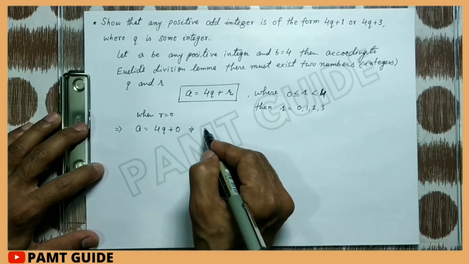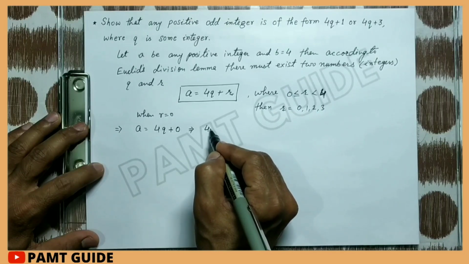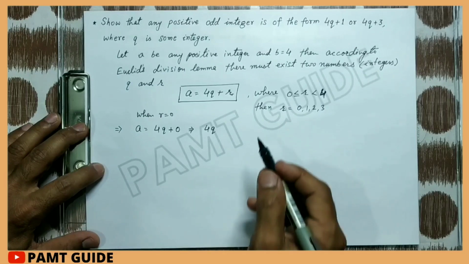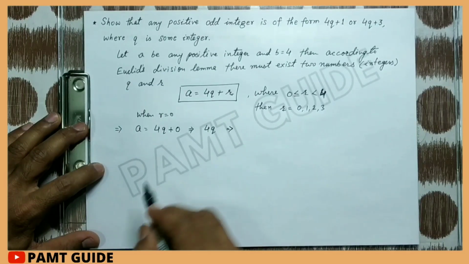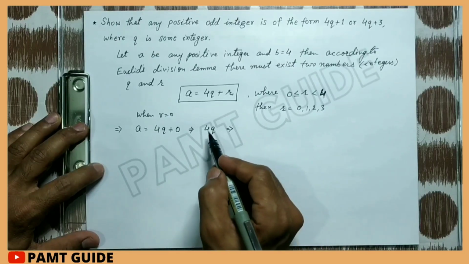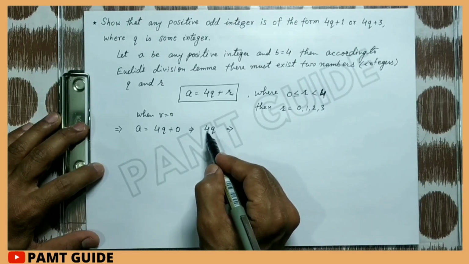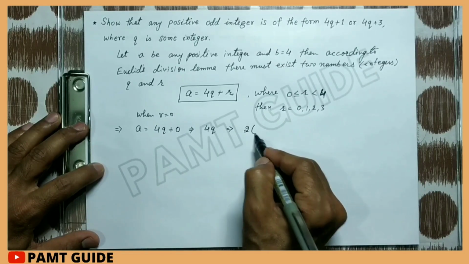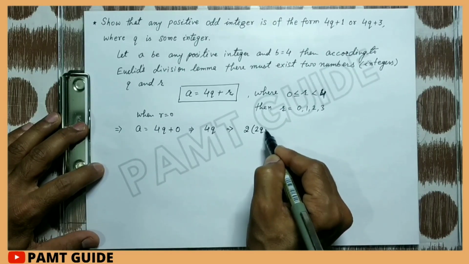So a equal to only 4q. And we can write 4q in the multiple of 2. How? We take 2 here as a common. 2, then 2 2s are 4, so 2 into 2q.